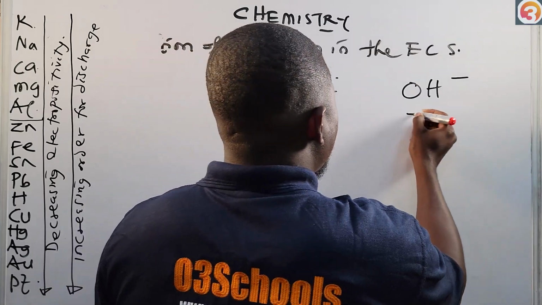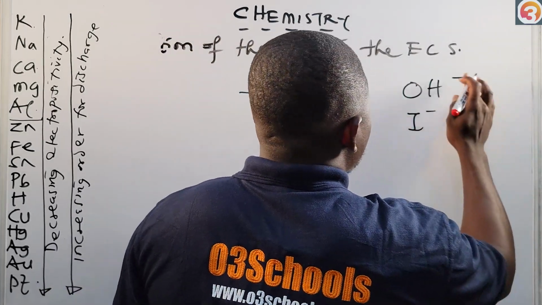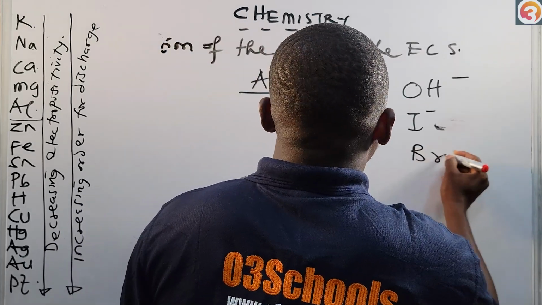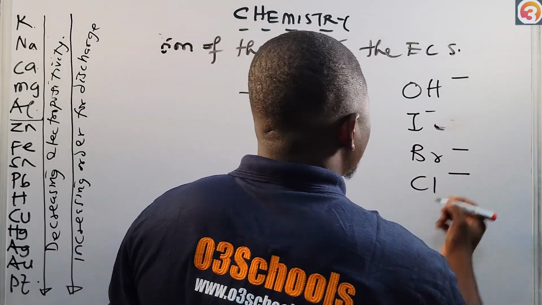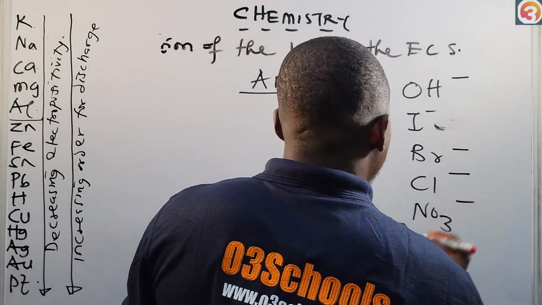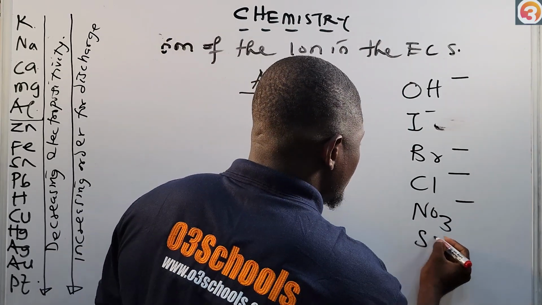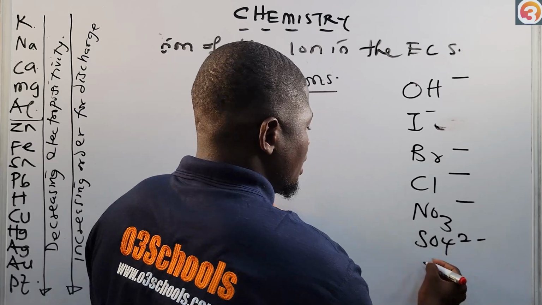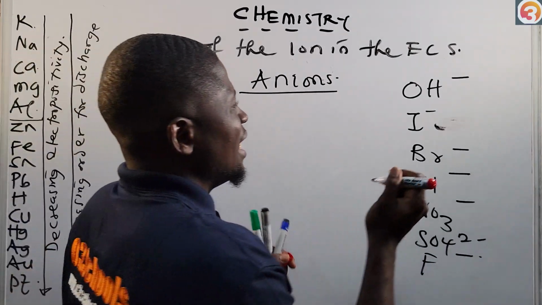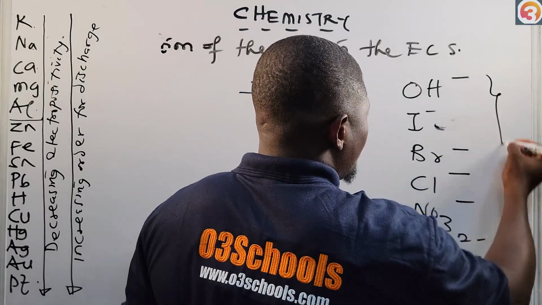Then of course we have iodine, I minus. Then bromine, Br minus. We have chlorine, Cl minus. You have NO3 minus. Then of course we have SO4 2 minus. Then they will have fluorine, F minus.